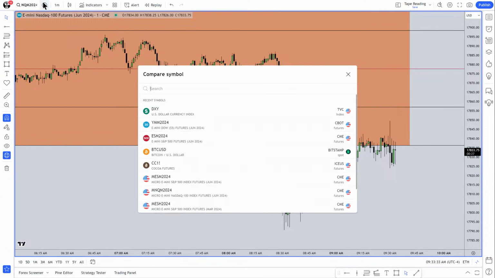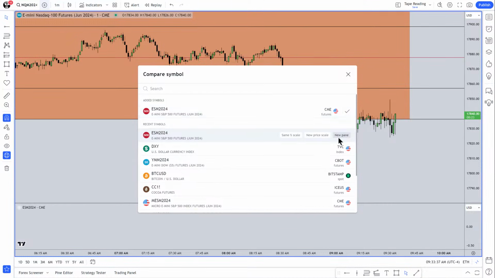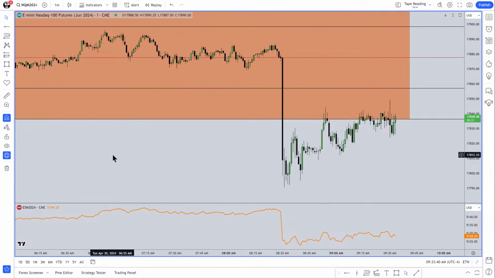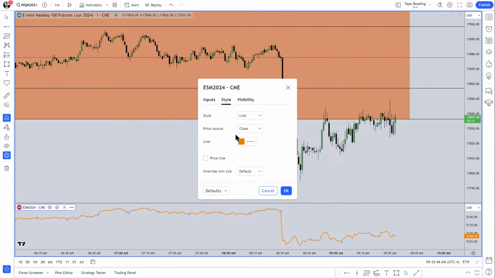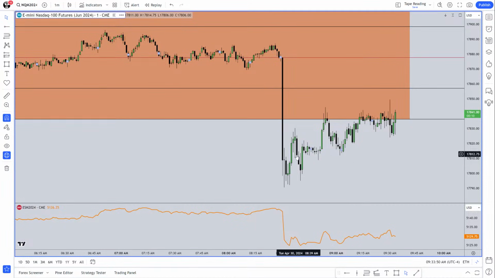Now what I'm going to do is I'm going to overlay ES. And I'm going to compare, that's not what I want to do.